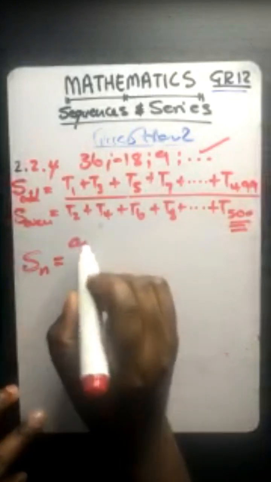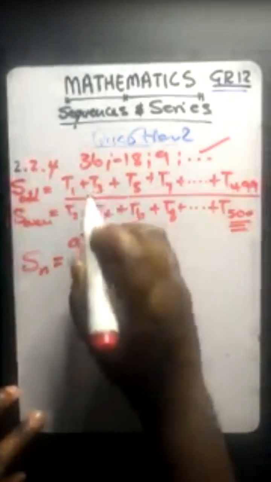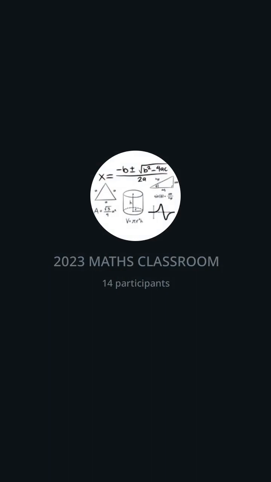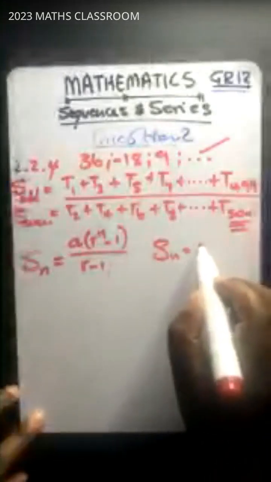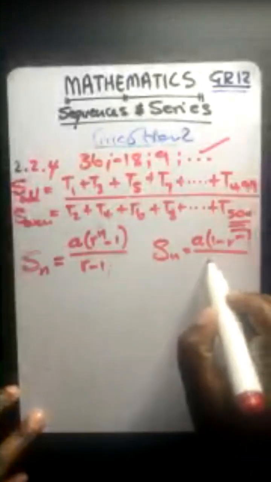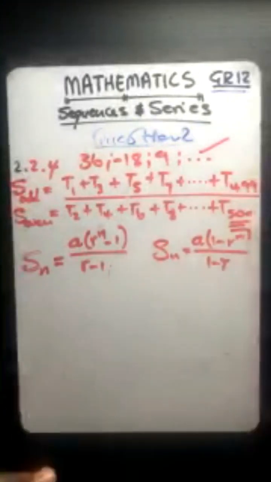Remember, we have one which is r to the exponent n minus 1 over r minus 1. We also have another one which is Sn equals a into 1 minus r to the n over 1 minus r. So the question is, between these two formulas, which one are we going to use?